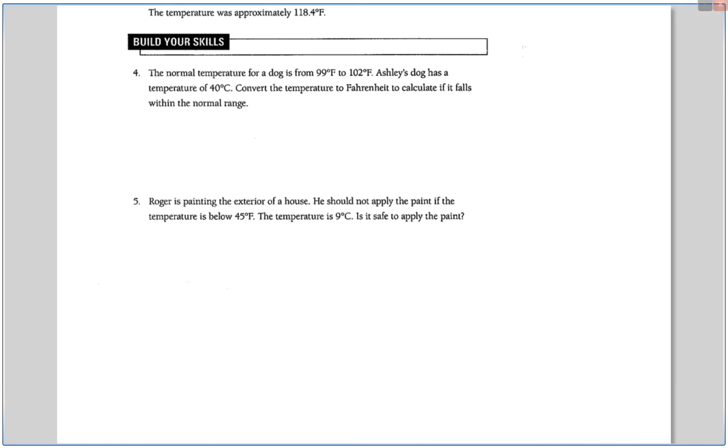Now on to number 4. It says that there's a normal temperature range for a dog, and the dog's temperature is in Celsius. Convert to Fahrenheit. Okay, so let's convert this to Fahrenheit. So it can go from C to F. It's 9 divided by 5 times the Celsius plus 32.